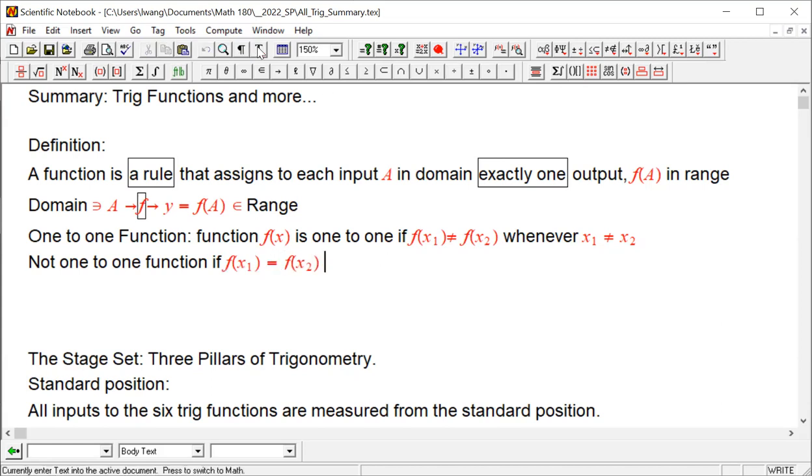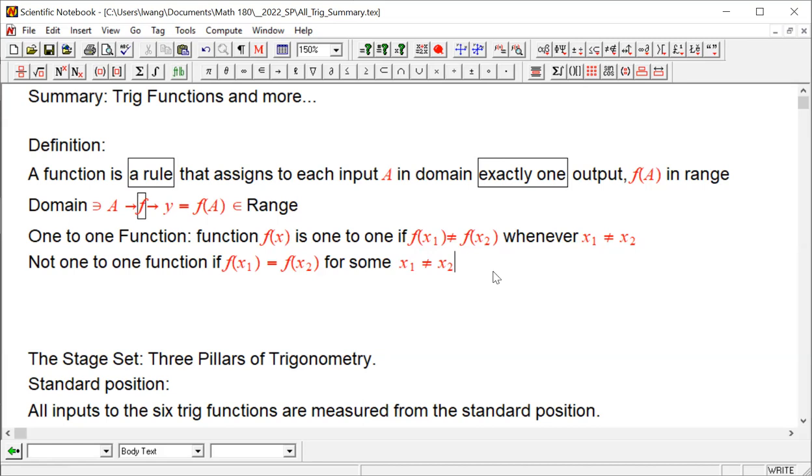And the opposite of whenever is for some. For some x1 not equal to x2, f of x1 equals f of x2. You can see throughout these weeks, from the beginning of the semester, ever since we talked about these concepts, we apply these definitions.